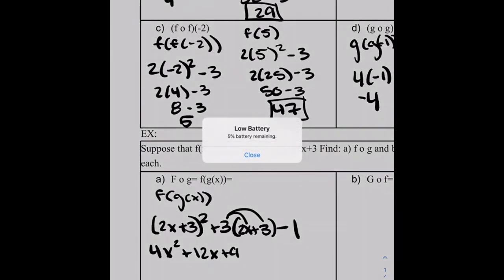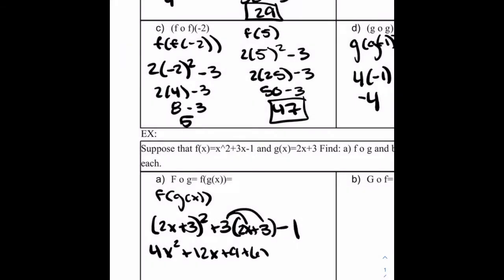Here I'm going to distribute my 3, so I get 6x plus 9, and then minus 1. Combine like terms, I get 4x squared plus 18x, and then plus 17.